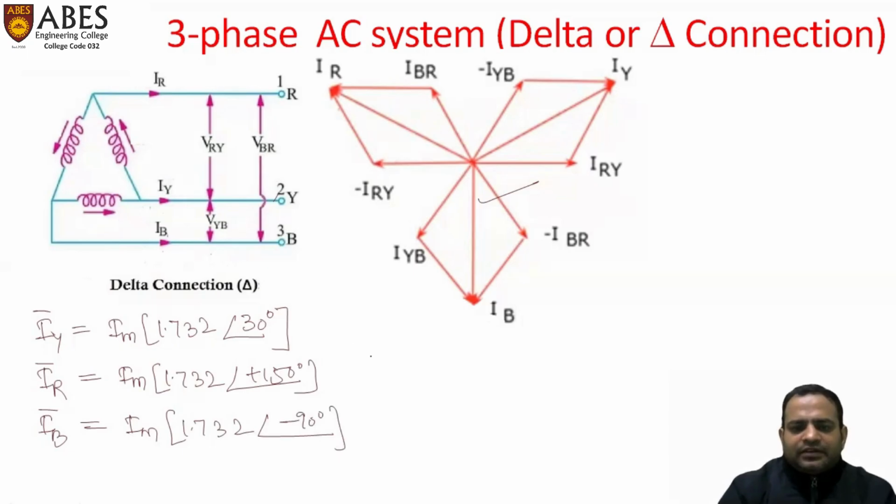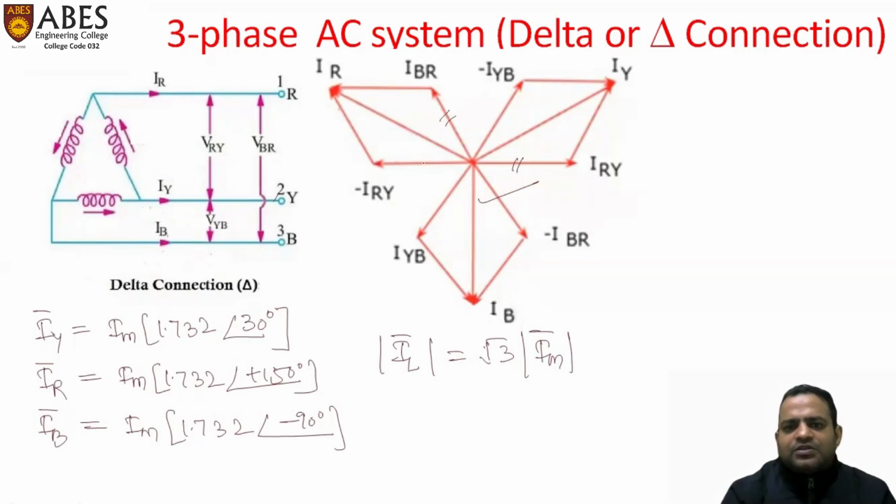If we take the magnitude of these line currents, that is root 3 times Im, and the magnitude of these phase currents is also Im. So we can put the value of Im as Ip.